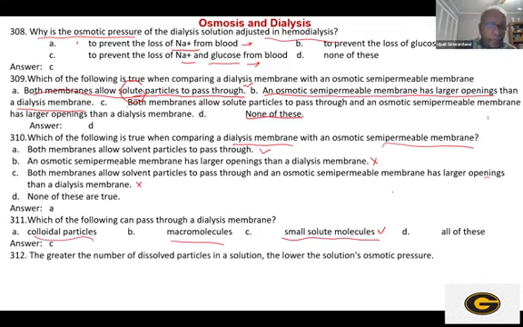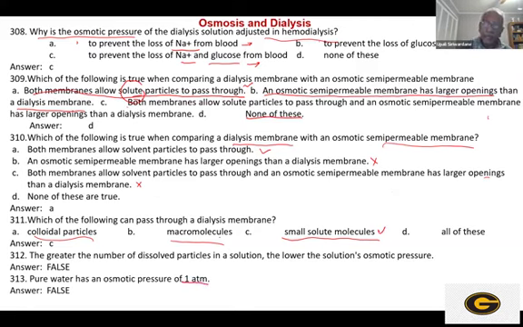The greater the number of solute particles, the greater the osmotic pressure. Pure water has osmotic pressure of 1 atmosphere. False. Pure water doesn't have an osmotic pressure.